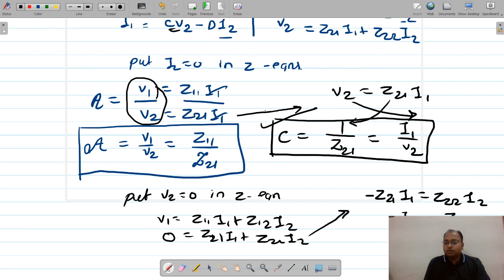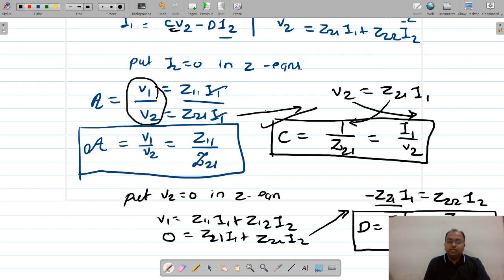Let us keep the minus sign as it is, because we need a minus sign in the equation. So this is my D parameter in terms of Z.